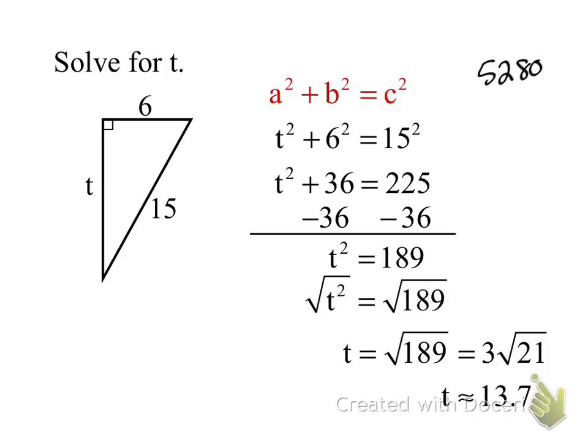Okay, that falls between 4900, which is 70, and 6400, which is 80. Is it closer to 6400 or closer to 4900?